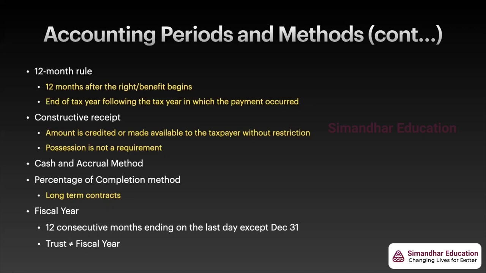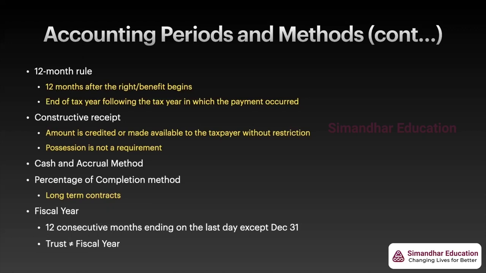Say if you built 30% of the entire contract, then 30% of the revenue and expenses have to be recorded in the same tax year. So this specifically applies to long-term contracts, and we mostly see this in the real estate market.